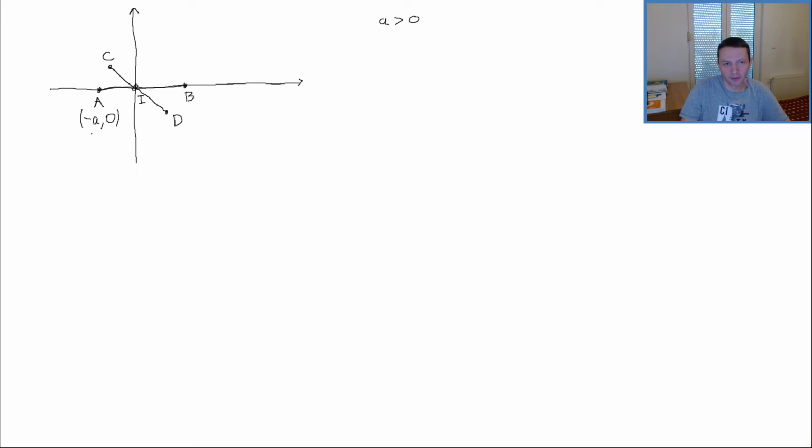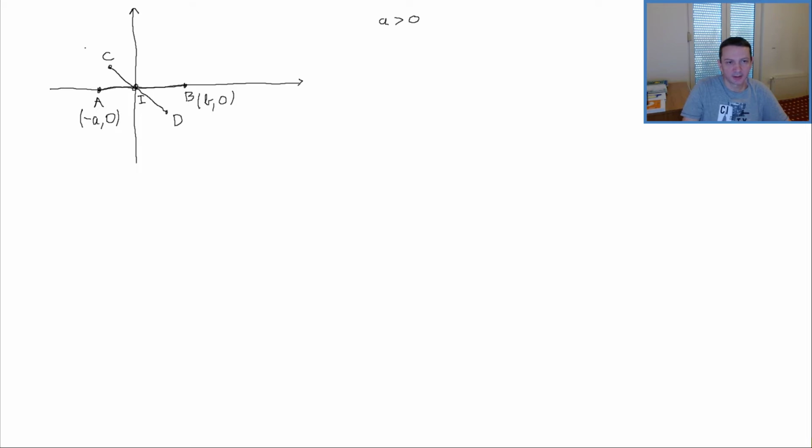I can do this also without this minus sign, but somehow I prefer this here. So the point B will be B, 0.